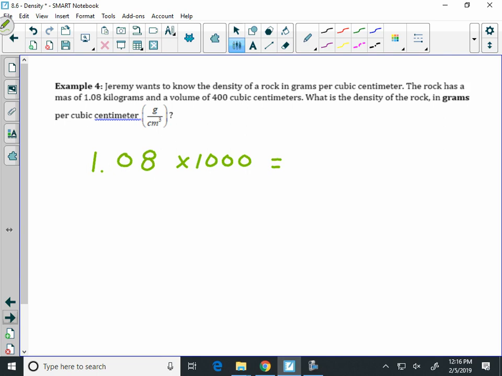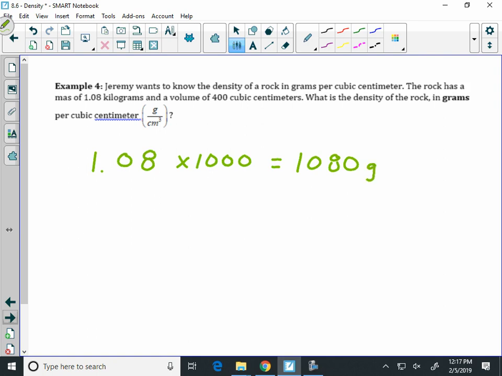Little trick, move that decimal point over 3 places. Plug that in your calculator. What did we get? 1,080. So that's how many grams there are.